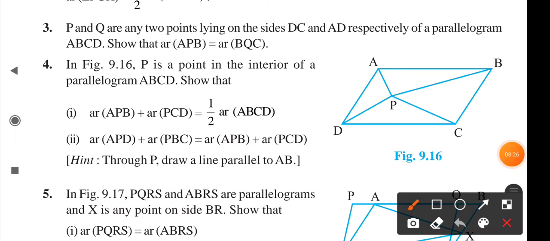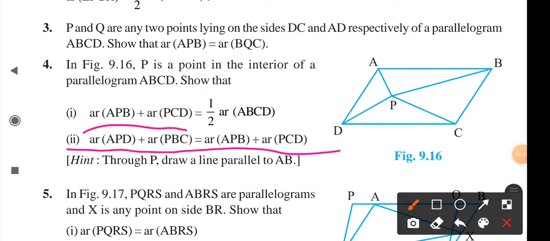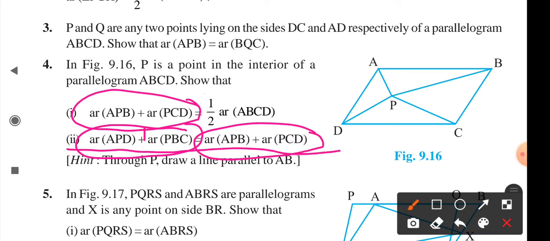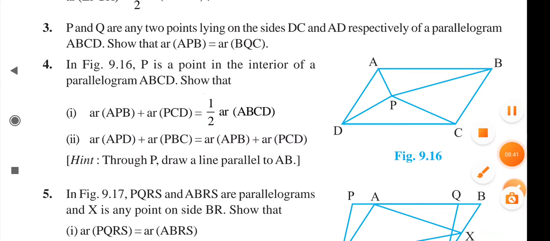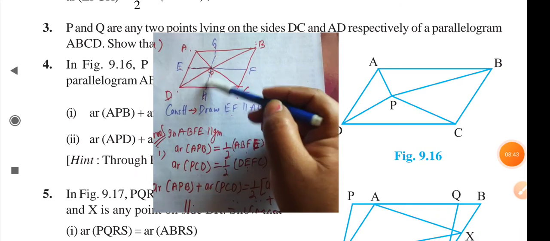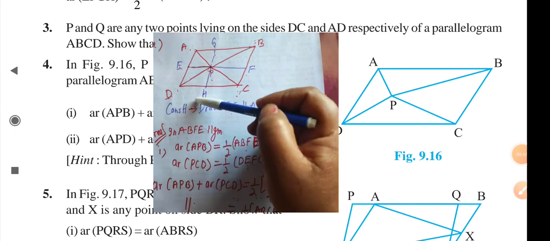Now for the second part of this question, you can see that the second part is just similar to the first part. So that means we required this one, the right hand side one. So what we will do for that? We will again draw a line GH which is parallel to AD.